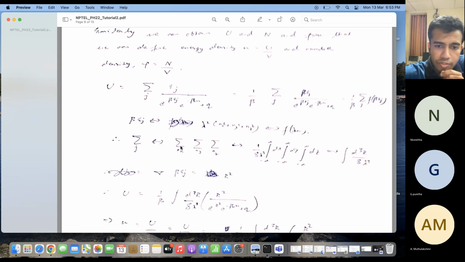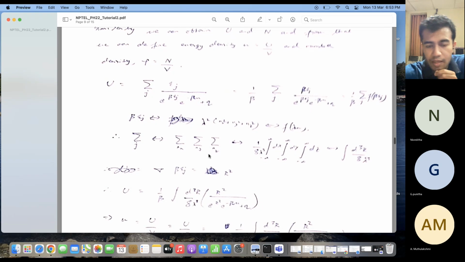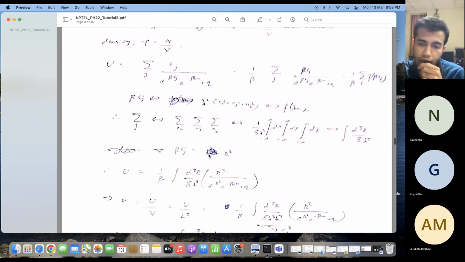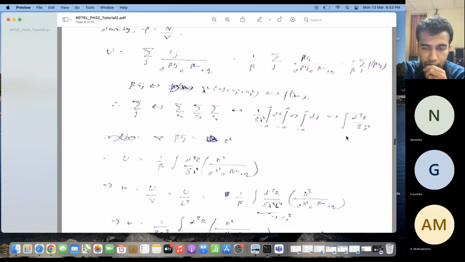The summation over J can be written in terms of summation over nx, ny, and nz, and in the limit of L going to infinity, we can replace this with the help of integrals. So you have this factor of lambda cube coming in because of the theorem which was stated earlier. And so this can be written as an integral of d cube r divided by 8 lambda cube.